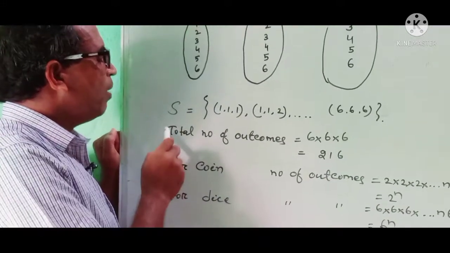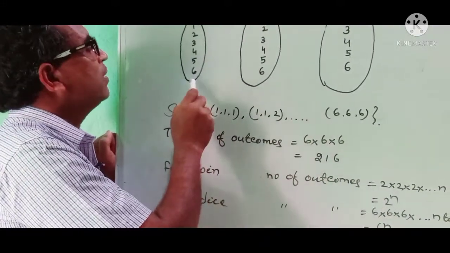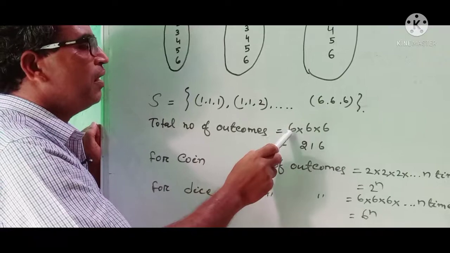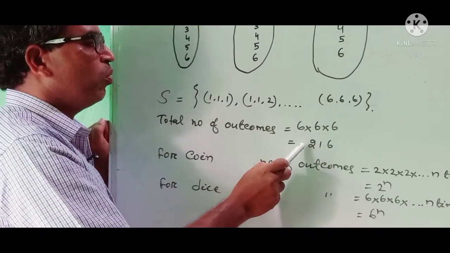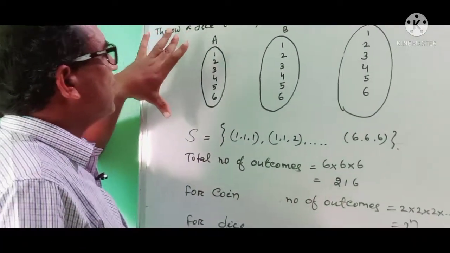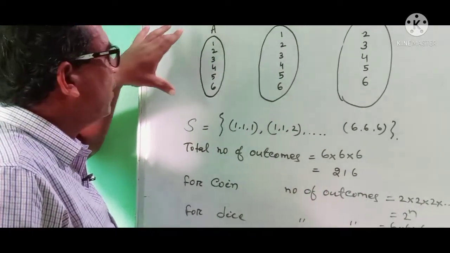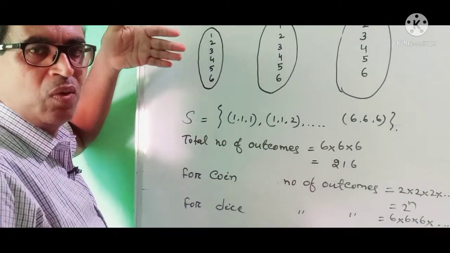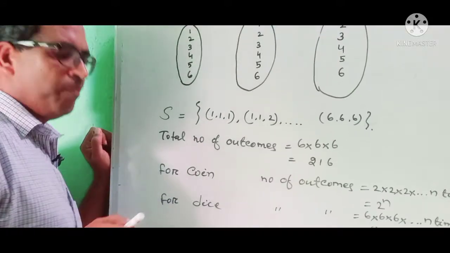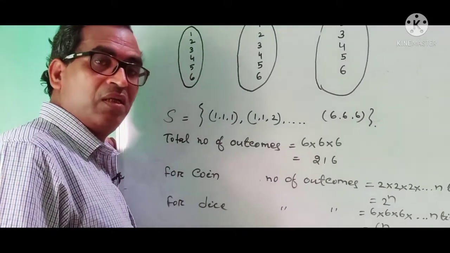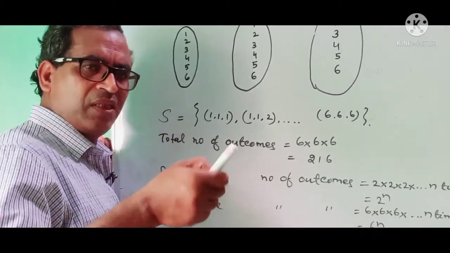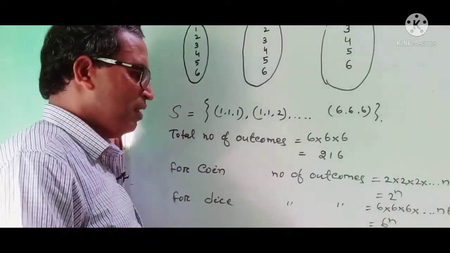The total number of outcomes will be 6 into 6 into 6, which is equal to 216. This is the extension of the counting principle. I said it for only 2 sets A and B, but you can apply it to more than 2 sets, up to n sets A, B, C, D, like this.